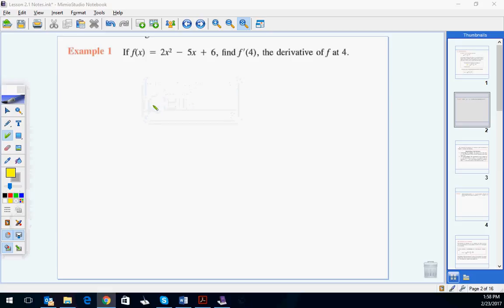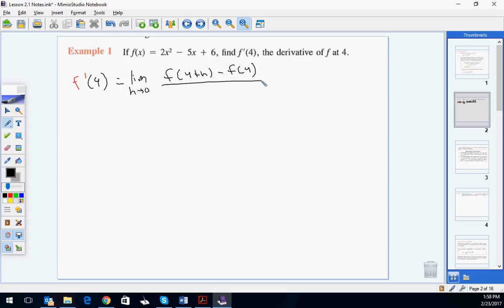So again, I'm going to use the limit as h goes to 0. So I have f prime, they call it f prime, FYI. f prime of 4 is the limit as h goes to 0 of f of 4 plus h minus f of 4 all over h.